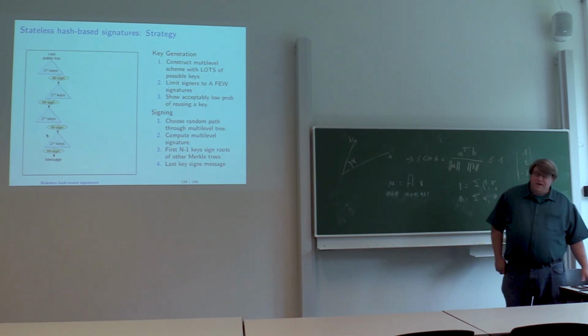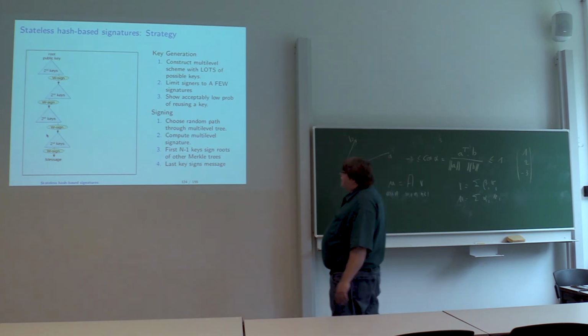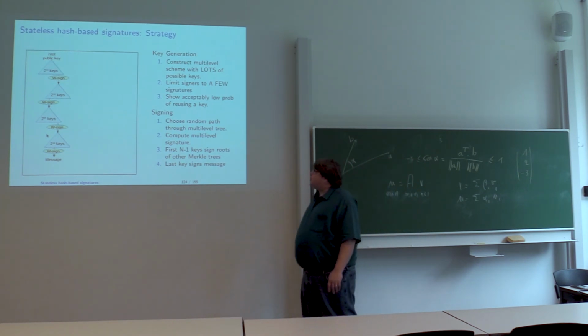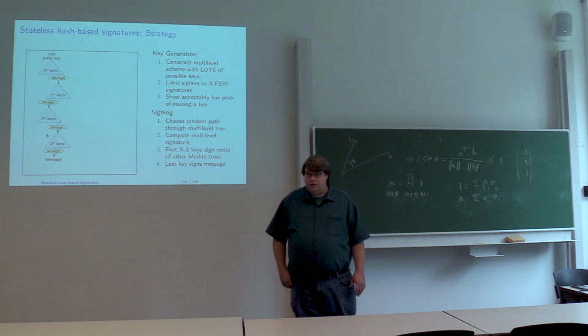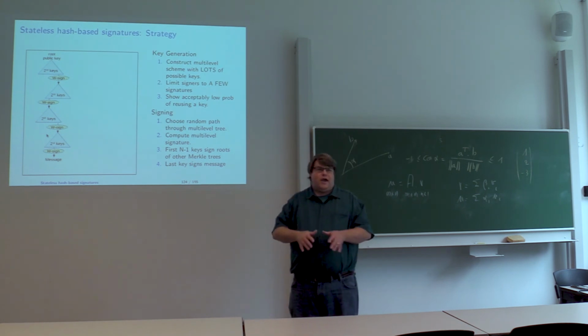So a big strategy here is we're going to generate a multi-level tree with a huge number of possible signing keys at the end. So think of it as this gigantic virtual tree.